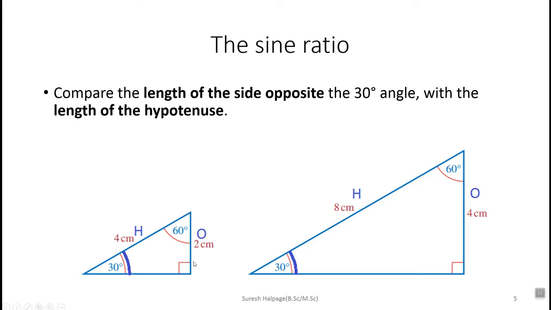Opposite side 2 cm, opposite side 4 cm. When you take equiangular right triangles, the ratios are proportional.